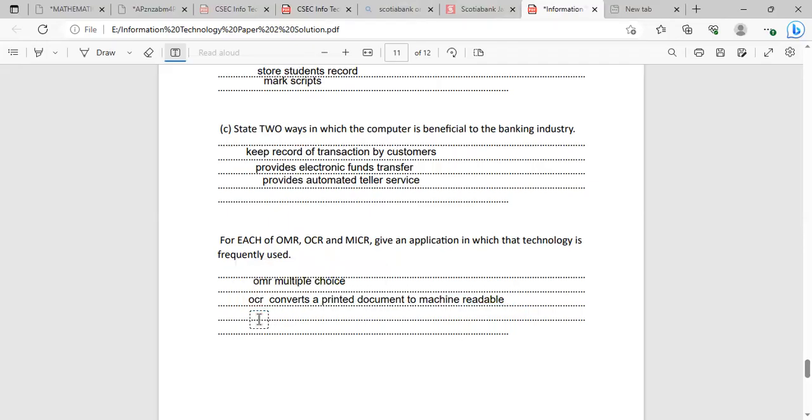And then we have the MICR, and this is used by the bank to read the information on a check.